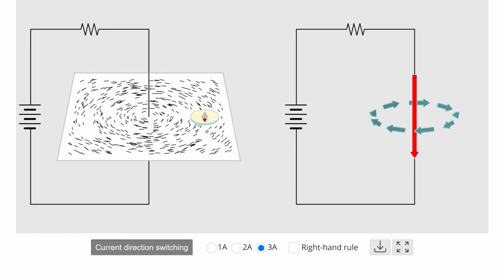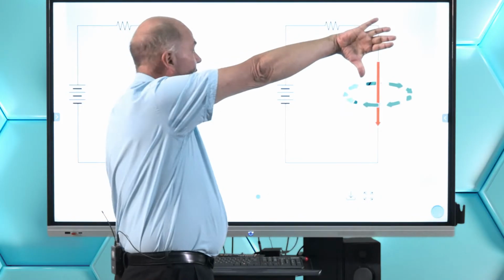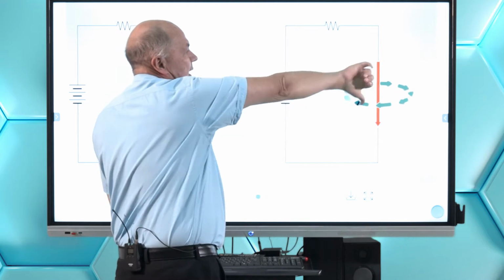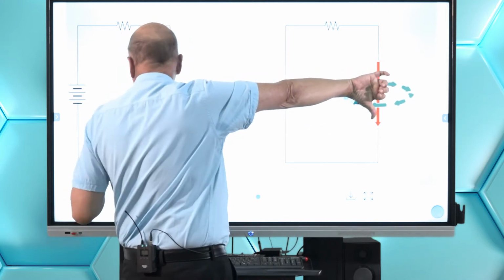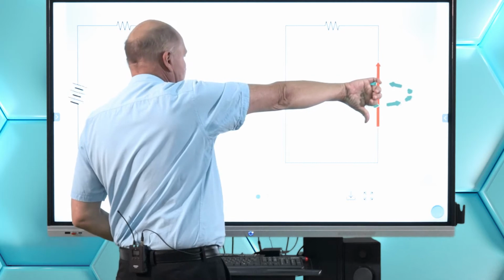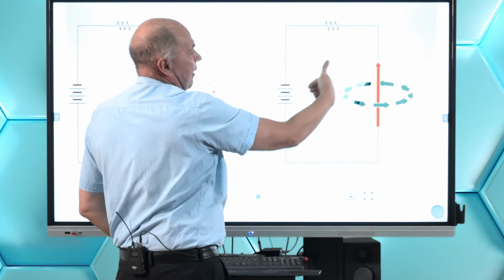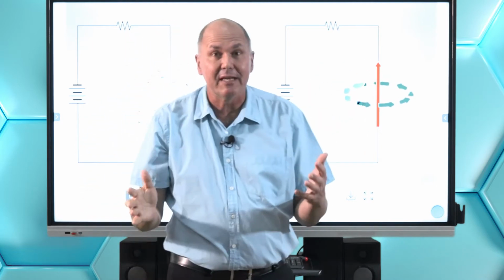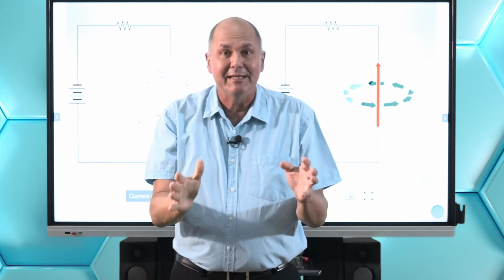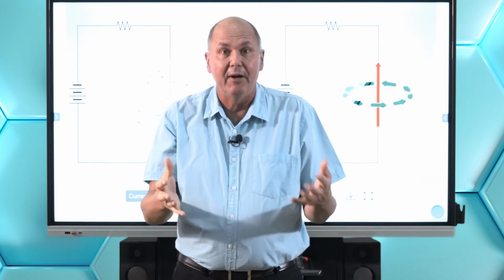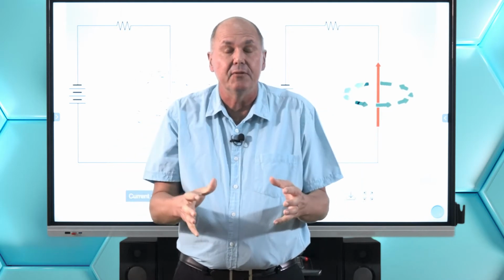So when the direction of the current over here is going from positive to negative, and we recognize then the current is going down, can you see that the thumb points down and the curl of the fingers is in that clockwise direction? Whereas if I change the direction of the current, it's now going up and the direction of the field is in the opposite direction. So we need to recognize that changing the current strength changes the intensity of the field pattern.